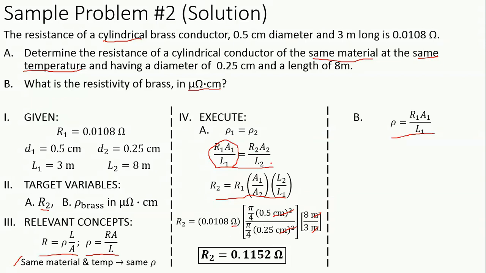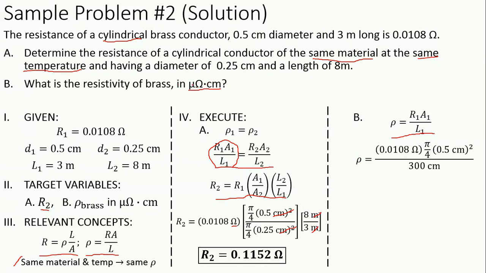If you use the right hand side with R2 to solve for rho 2, then if R2 is incorrect, your answer for letter B will also be incorrect. As a general rule of thumb, try to solve the problems independently whenever possible. So rho is R1 A1 over L1, and we substitute the values. Again, we expect rho to have a unit of micro ohm cm.